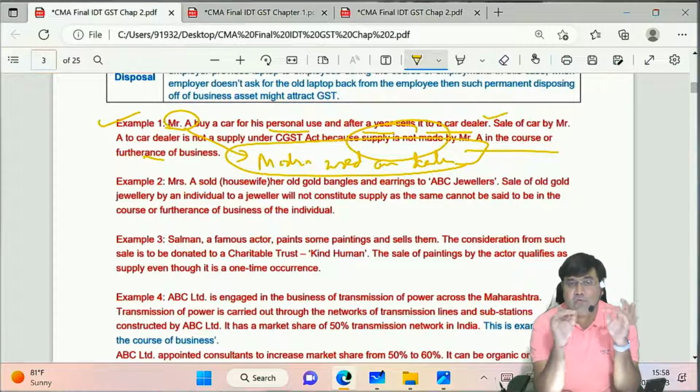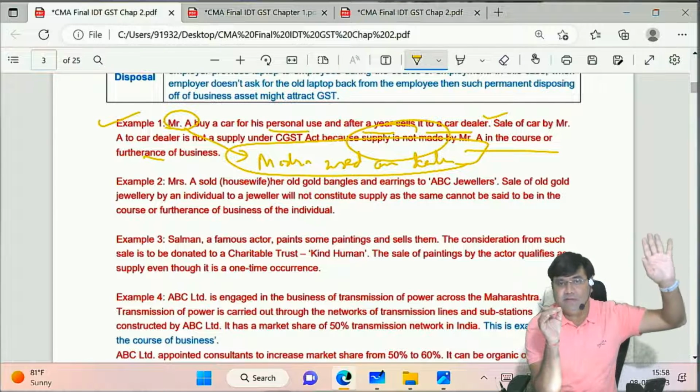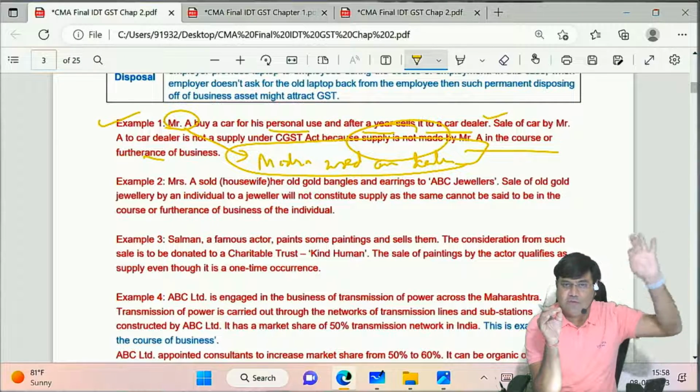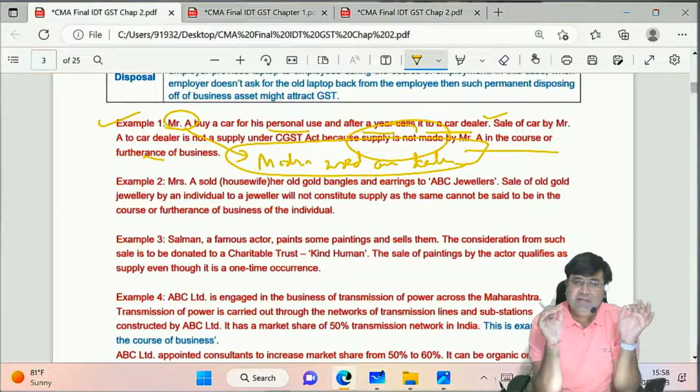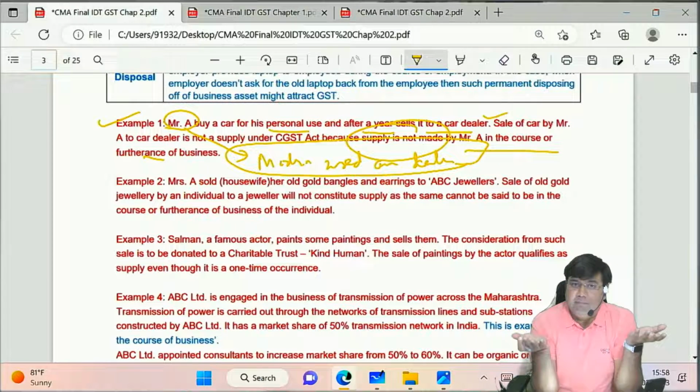So again, what are we going to do? First we are going to see if goods are there. Yes, it is there: goods or service or both. So car is goods. Transaction is a sell transaction. The modern used car dealer is a company. So the person definition includes company, LLP, cooperative society.